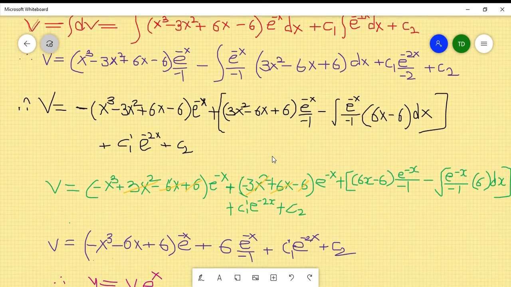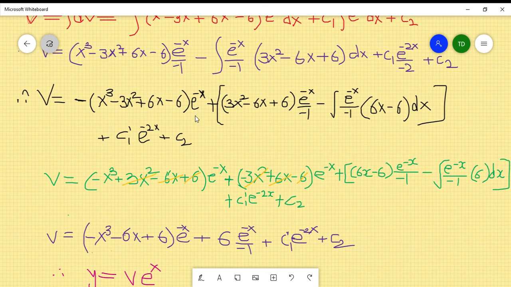Now again we open the things, we take this e raised to minus x common and see what we get. This was minus x cube, minus of minus plus 3x square, then minus 6x plus 6 e raised to minus x plus. Again here, this minus we have absorbed. So it becomes minus 3x square plus 6x minus 6 times e raised to minus x.